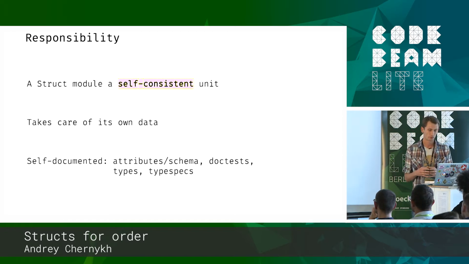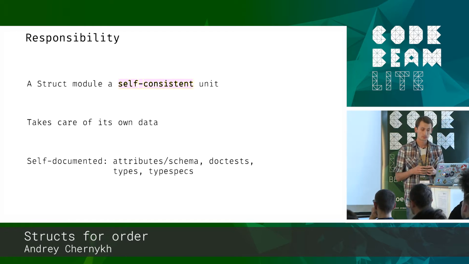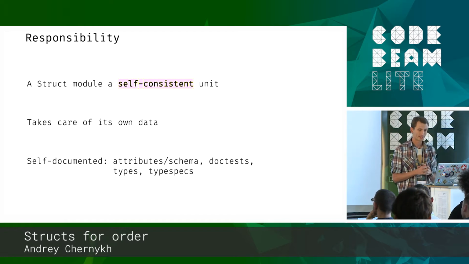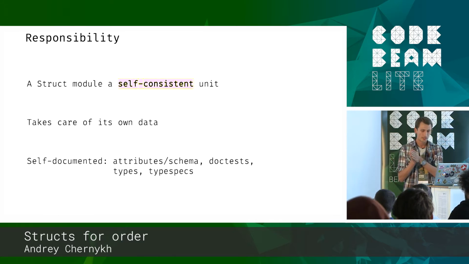This will make a structure a self-consistent, standalone unit, a brick in your project, in your project's domain. A structure module can have a number of functions to deal with the defined data. This module can provide documentation, specifications, and all the information you need later, and you need to know about the data behind the structure contract.